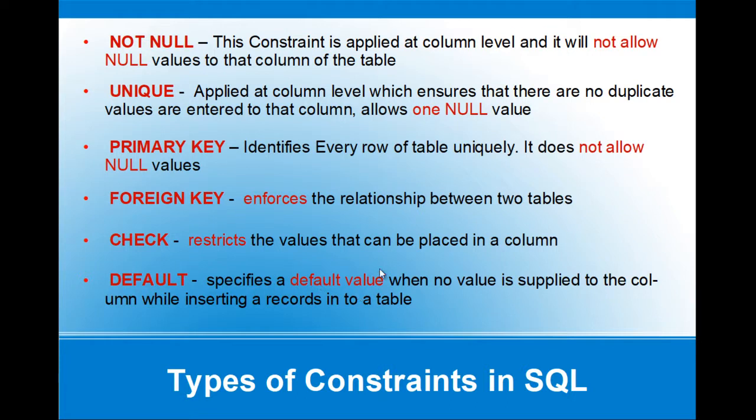This will be stamped only in case you are not providing a value. If you are providing null as the value, it will still be populated as null. Only if you are not mentioning any value for the column, it will stamp the default value.